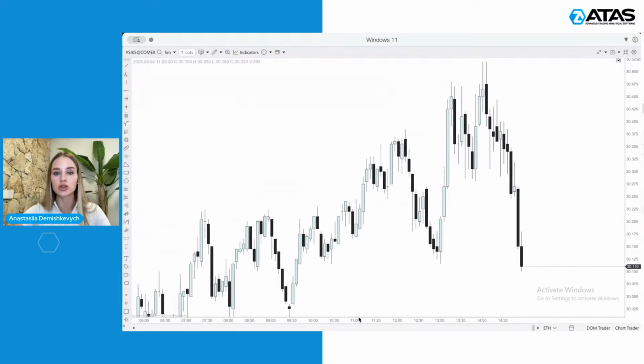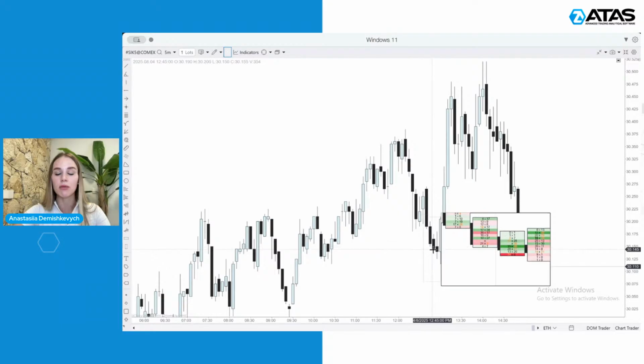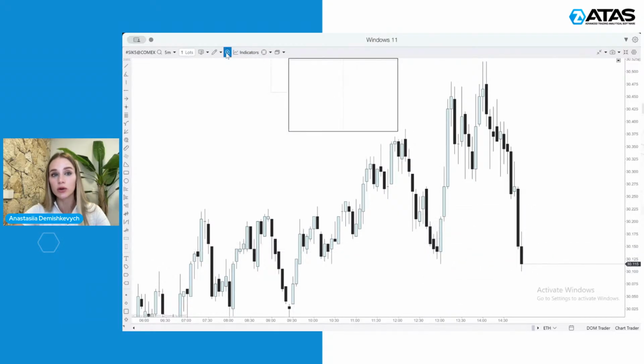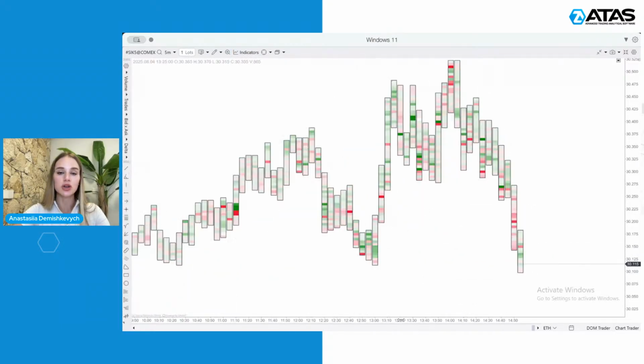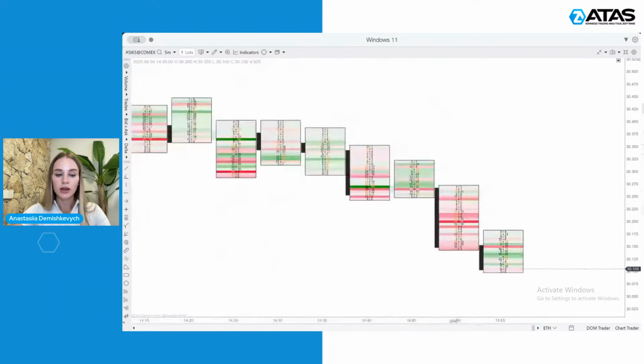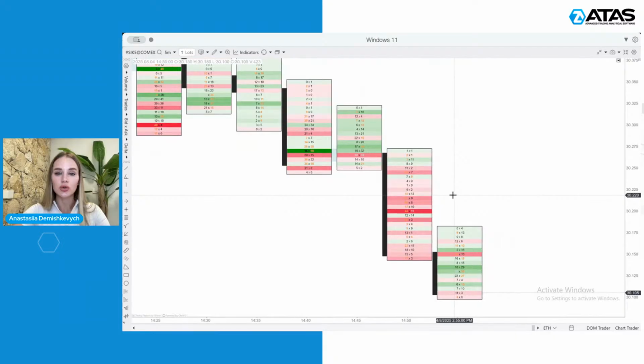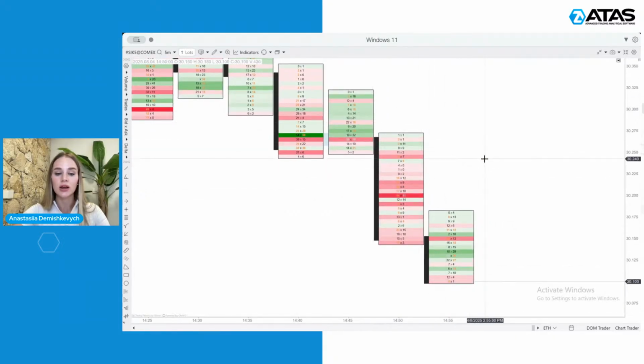And if you just want to clearly see the activity very quickly, you can zoom in and scan the candles at the point where you're looking for the price reversal or the price continuation, which I also find extremely useful. And at each price level and each single candle, you can see how many contracts inside of the candle were bought and sold.